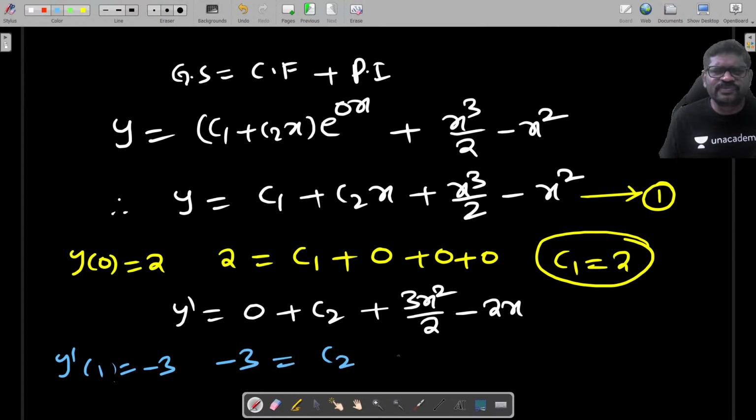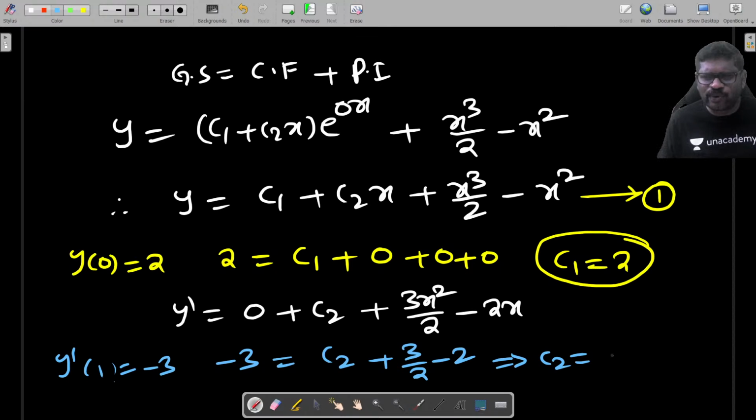Minus 3 equal to c2 plus 3 by 2 minus 2. 3 by 2 minus 2 is minus 1 by 2. That implies c2 equal to minus 3 plus 1 by 2, so c2 equal to minus 5 by 2.